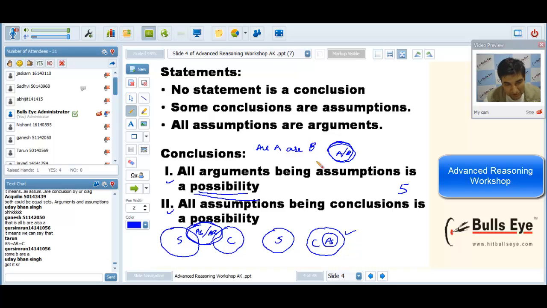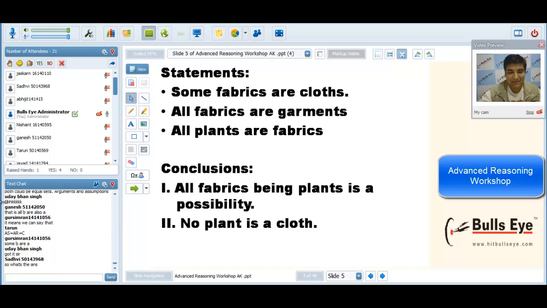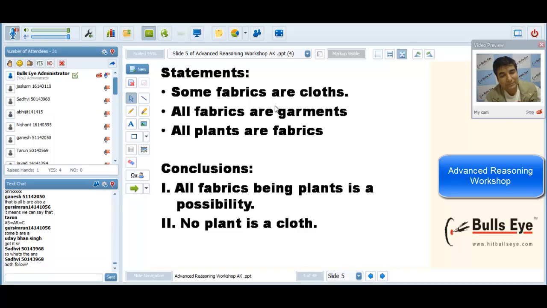I am going to the next question now. Sadhvi, the answer was the fifth option. Both are true. Yes, both follow. Okay, Richa, you can jot down the question.